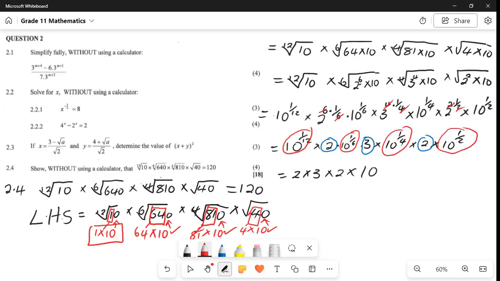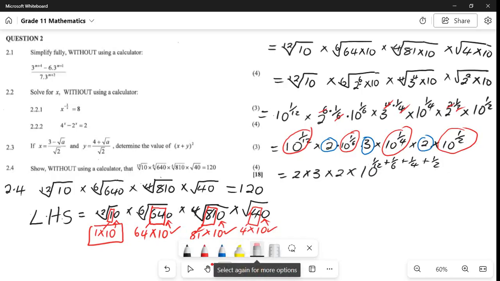We just write one base and add the exponents because they are multiplied. Then it will be to the power 1 over 12 plus 1 over 6 plus 1 over 4 plus 1 over 2. When you add these together, they are going to give you 1, meaning we just have 2 times 3 times 2 times 10.